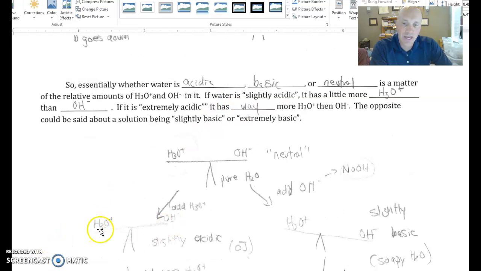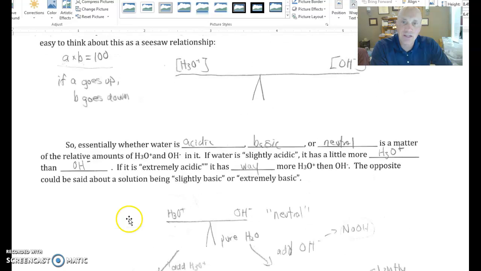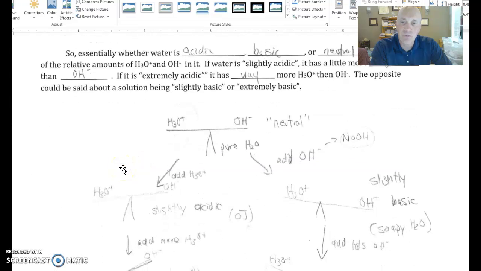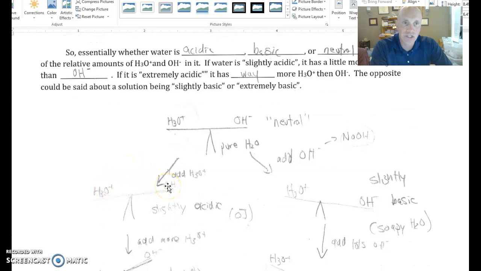If you add a little bit of H3O plus, the amount of H3O plus goes up, and because of that Kw relationship, where one thing times the other always has to equal a constant, if the amount of one of these changes, the other one's got to change in the opposite direction. So if something is slightly acidic, that means there's a little bit more H3O plus than OH minus.